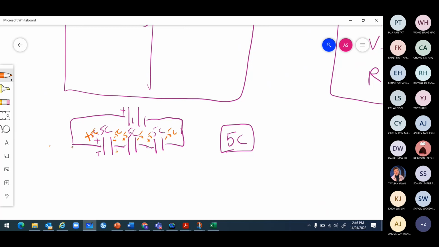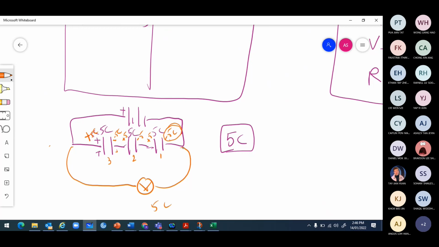If this capacitor is connected to another circuit with a light bulb, the total charge released to the light bulb is only 5 coulomb. When connected, the negative 5 coulomb accumulated on the first capacitor flows into the light bulb. This negative 5 coulomb comes over here and neutralizes this plate.